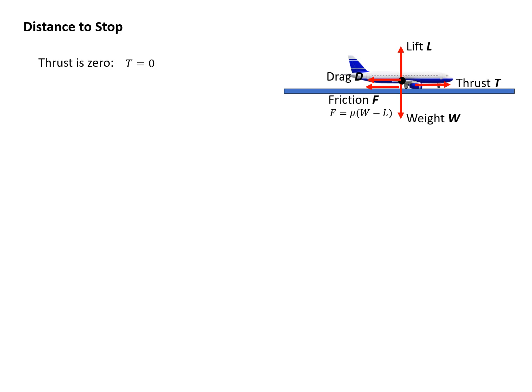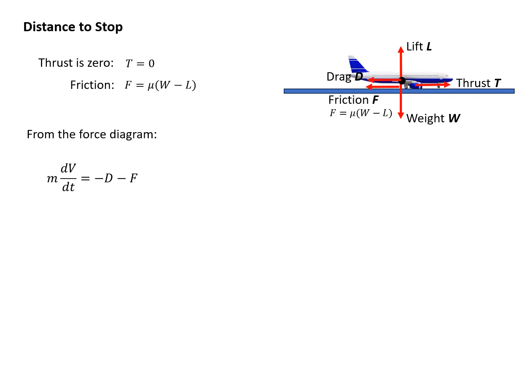In order to stop the aircraft, to brake, the thrust is usually 0, so we need to stop the engine, and the friction is mu times W minus L.